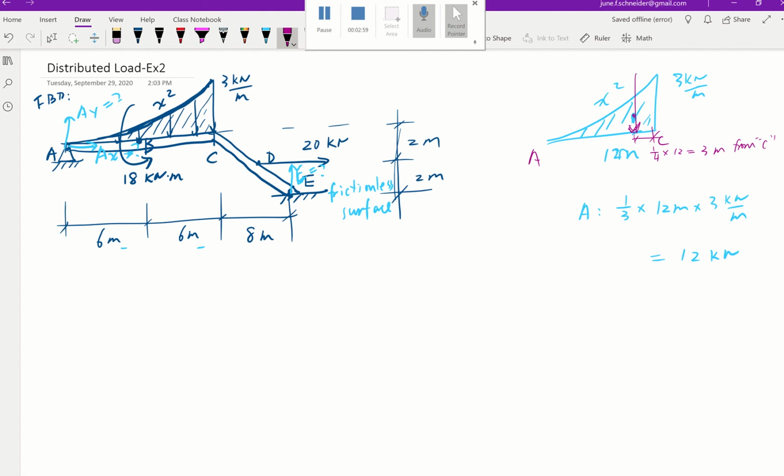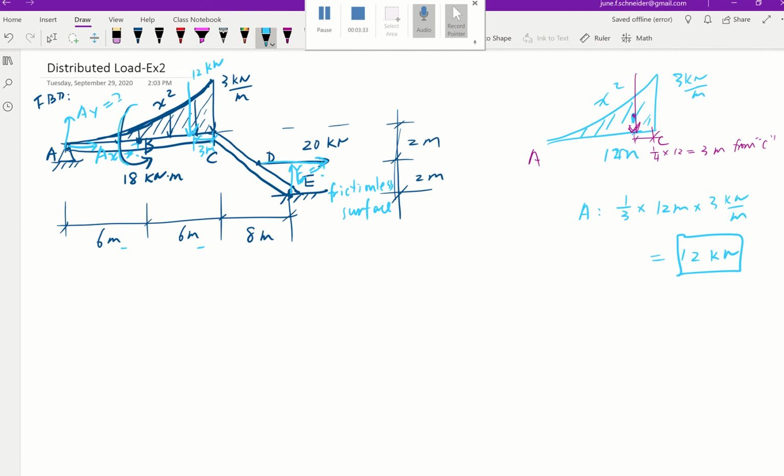Right, so now let's go ahead and draw that equivalent concentrated load somewhere here with a magnitude of 12 kilonewton. That's the area, and it's going to be 3 meters from C. Okay, now don't forget on this FBD, we still have the force at D horizontally.